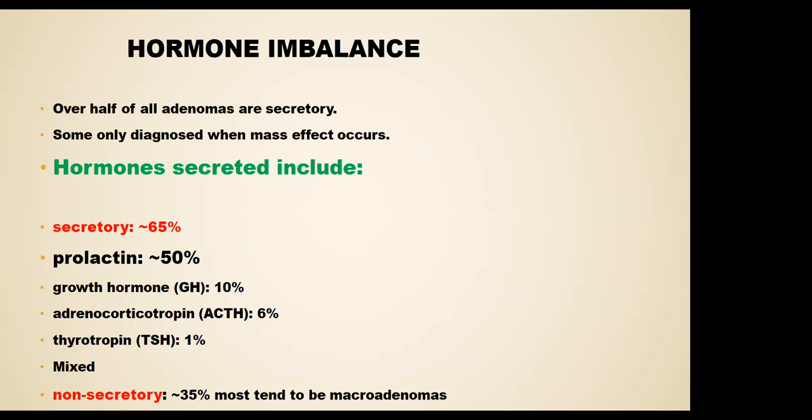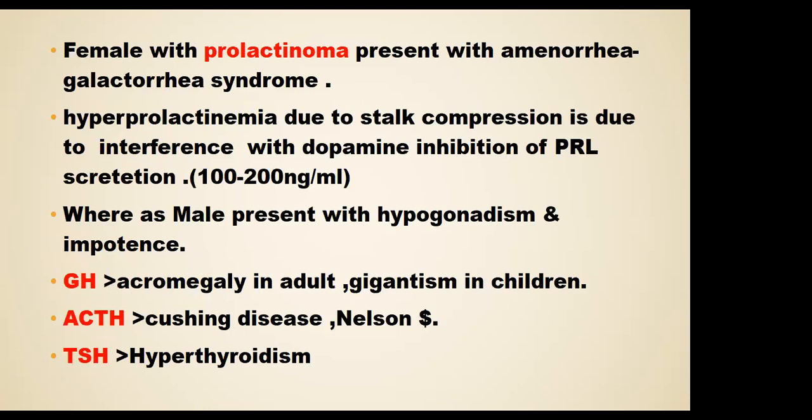Non-secretory adenomas are 35%. Females with prolactinoma present with amenorrhea-galactorrhea syndrome. Hyperprolactinemia due to stalk compression is due to interference with the dopamine inhibition of prolactin secretion. Normally, the prolactin is 100 to 200 nanogram per ml, whereas males with adenoma present with hypogonadism and impotence.